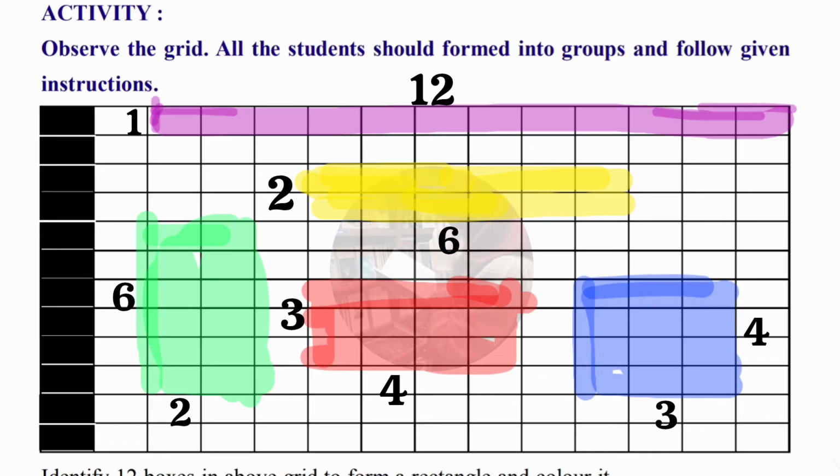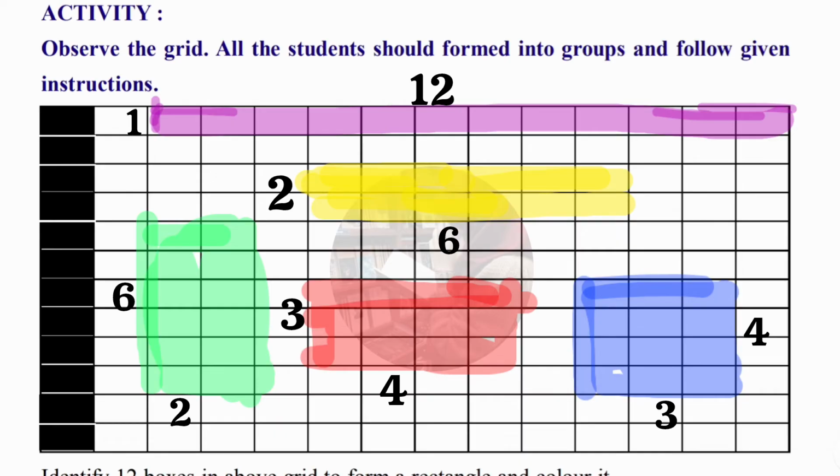Next, a rectangle in yellow color, where I have taken 2 into 6. The third rectangle is in 6 into 2 form. The fourth rectangle is in red color, which is 3 into 4.